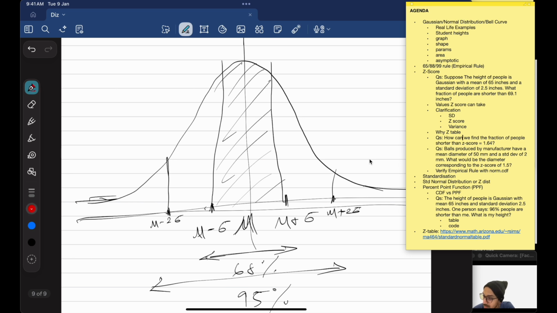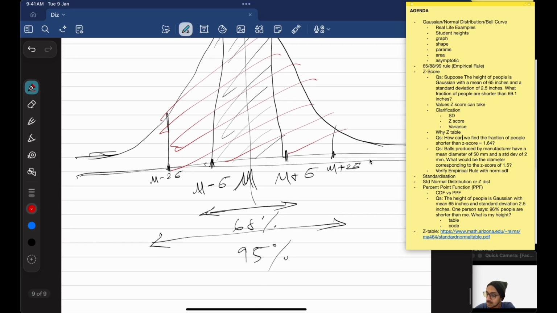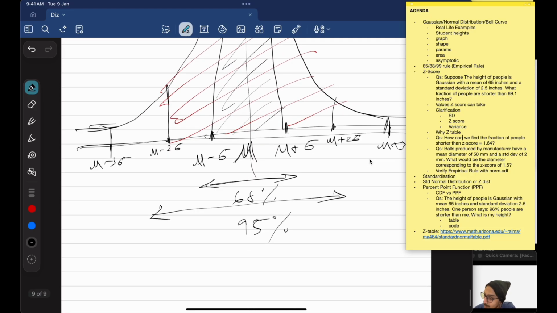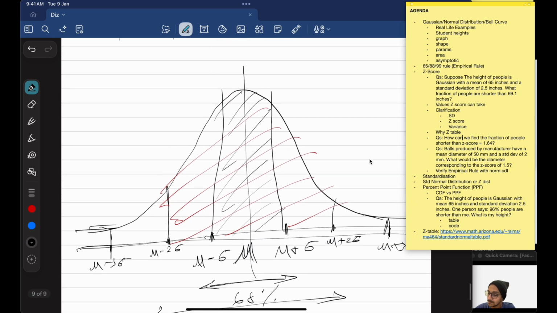Let me take a different color. And mu minus 3 sigma and mu plus 3 sigma, 99.7% of data will be within this range.